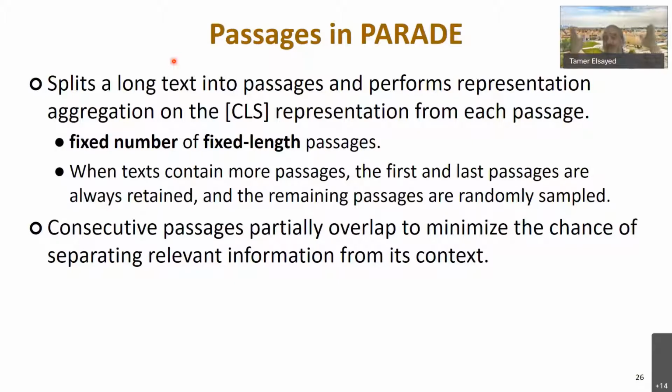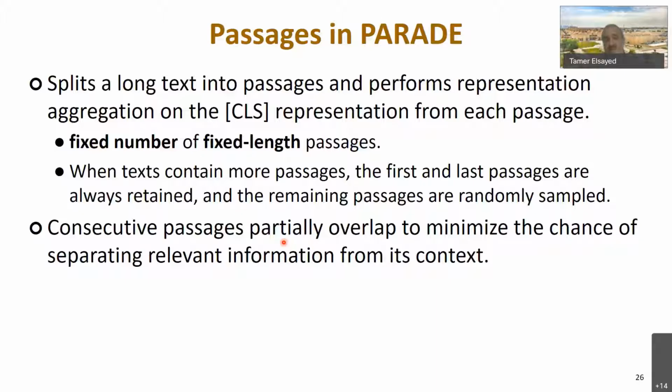So if I have, let's say, 50 passages in the document, I will keep number 1 and number 50, and from all the passages in between I will sample 28 of them, because I need eventually 30 passages only out of the 50. So I have the first and the last. These are 2, and the remaining 28 will be sampled randomly from the passages between the first and last.